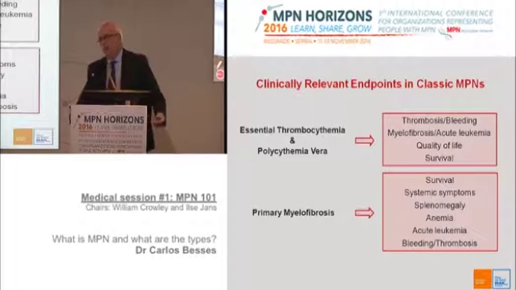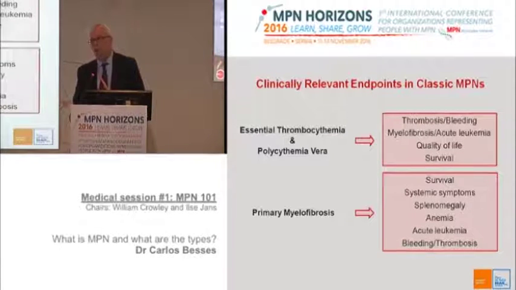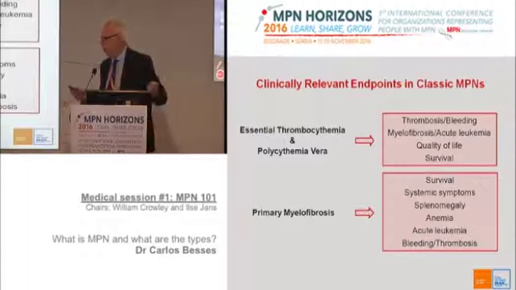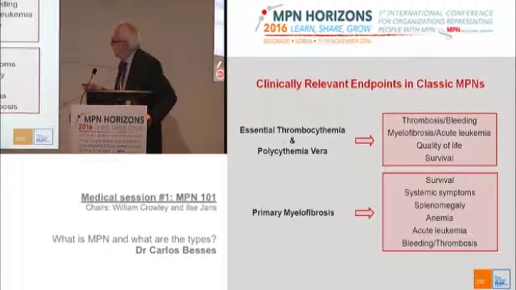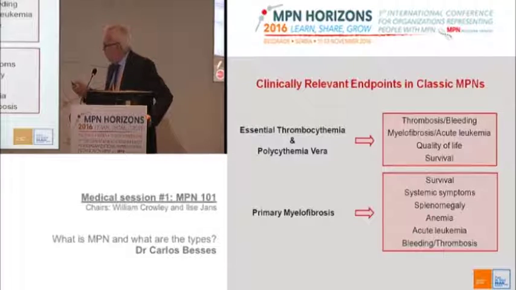As a clinician, we have to consider what we call the clinically relevant endpoints. What are the most important things of each disease? And I have built this slide thinking that the endpoints are a bit different for essential thrombocythemia and polycythemia vera than for primary myelofibrosis.